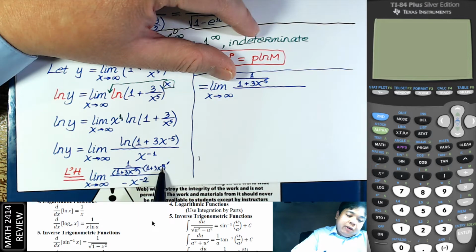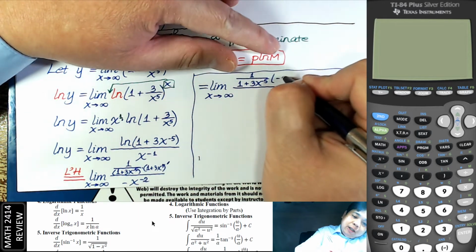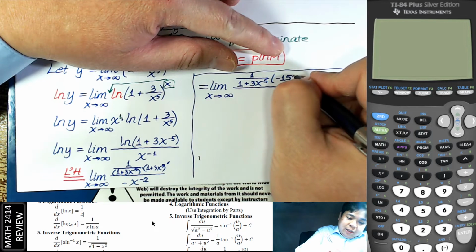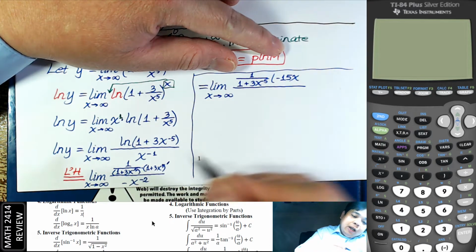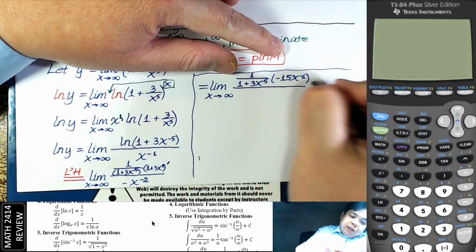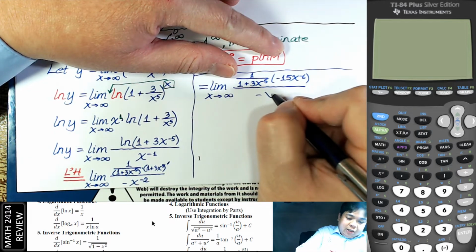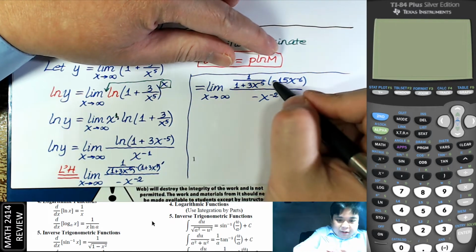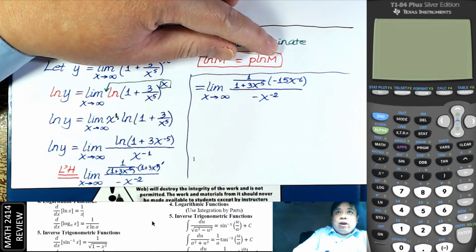And the derivative of this is -15 x to the -6 over -x to the -2. Right. Now the negative and the negative here cancel out.